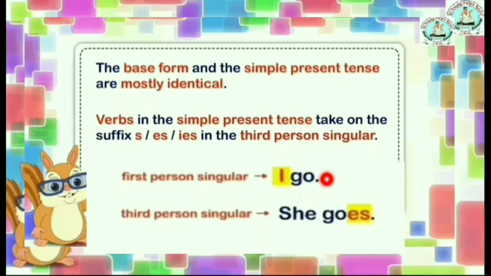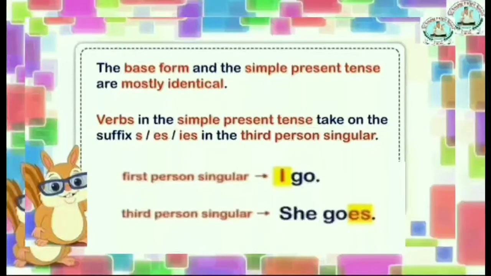We didn't add any suffix because it is first person singular. But when the base form go takes third person singular, then we have to add the suffix es. Is it clear?